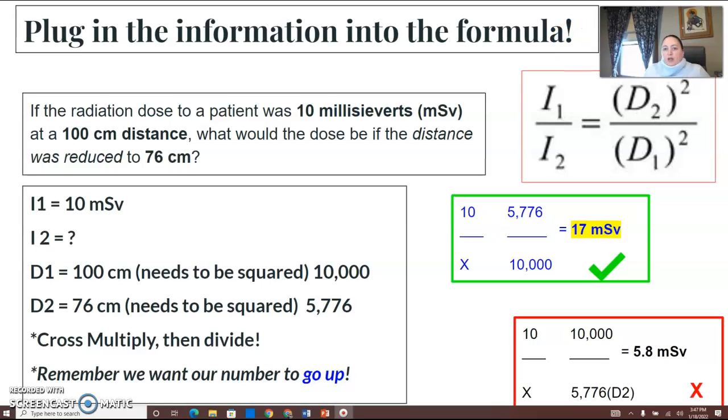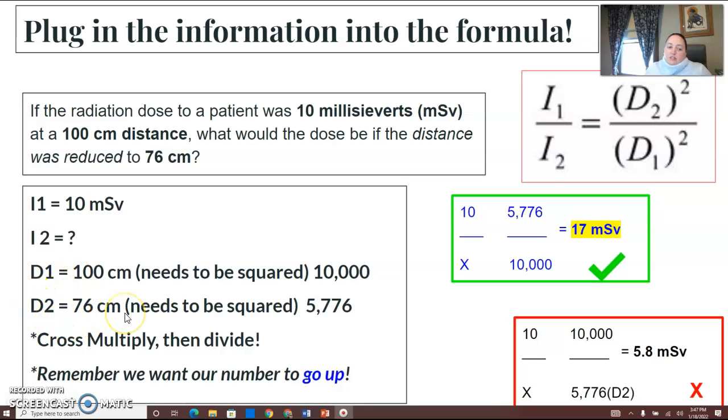So this just shows you how to plug into the formula, right? I1 is our original, so our first dose was 10 millisieverts. We don't know our new dose. That's what it's asking us to figure out. Distance 1 is 100 centimeters, but don't forget to square it.